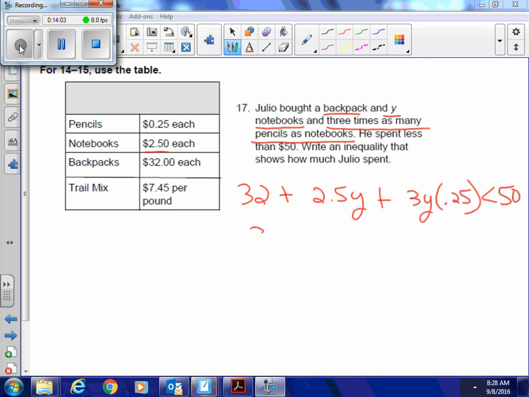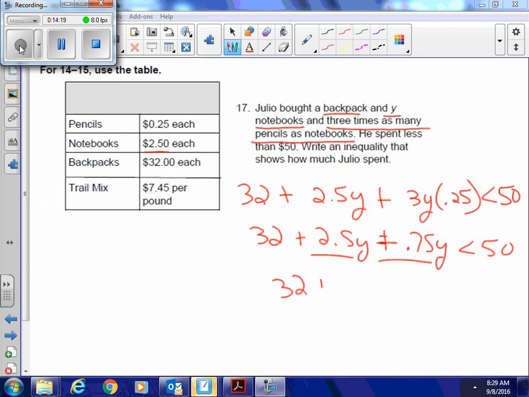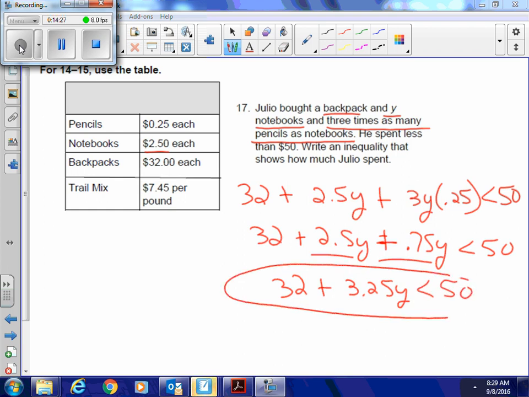The 32 stands alone. 2.5y. Let's go ahead and simplify this. That's a plus sign. 0.75y is less than 50. These are my like terms, and I can combine those. 32 plus 3.25y is less than $50. And that is the inequality that represents what he spent.